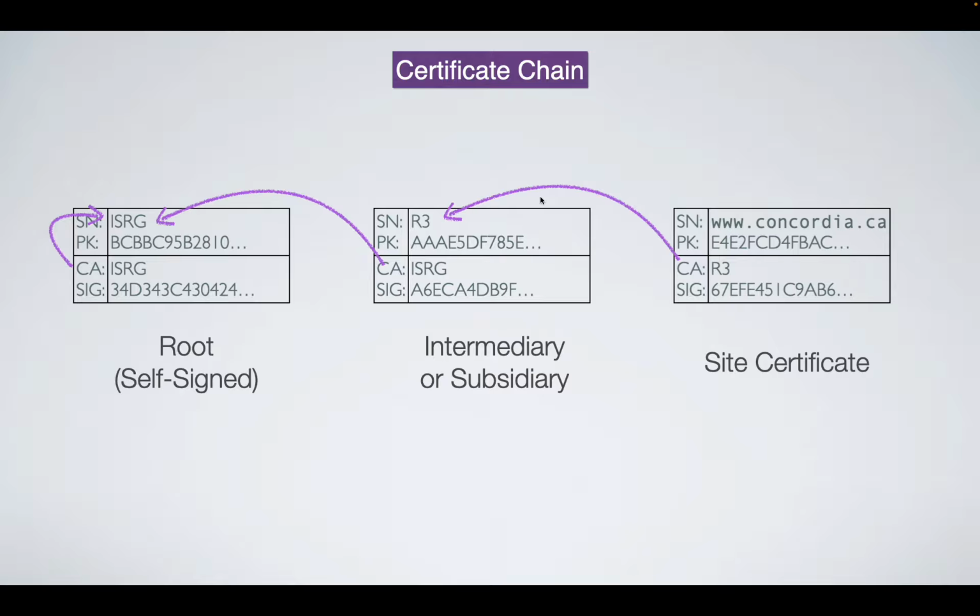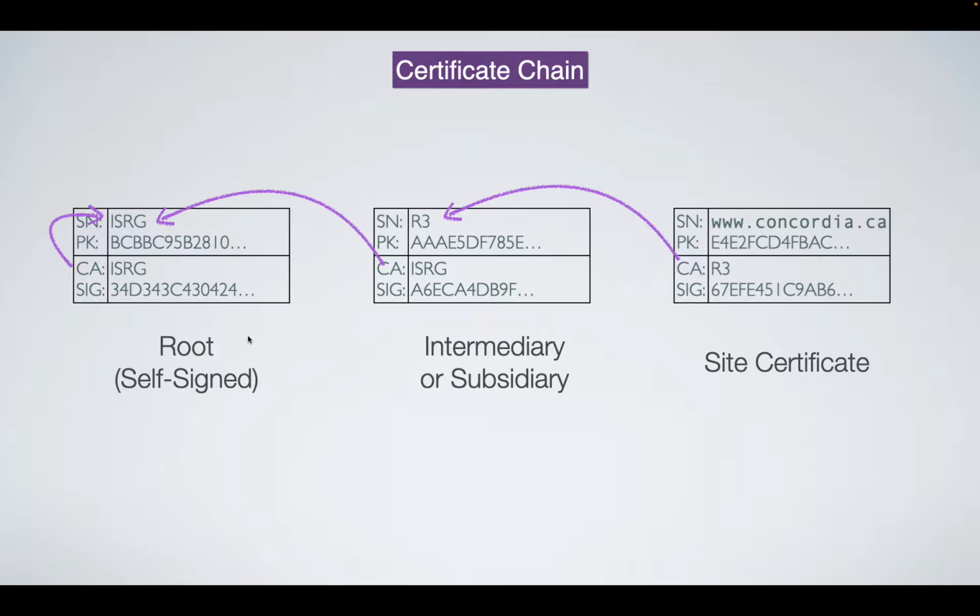You have some number of intermediary or subsidiary certificates. And then you have the root certificate, which is in your computer. No one has to sign your root certificate because it was put there by Apple. So you just trust it by default. Usually, if you looked at the format of the certificate, you would see that they just signed themselves. So it's called a self-signed certificate. But anyways, it's just put there, okay? And sometimes the intermediary is the same company, and sometimes it's different companies, okay?